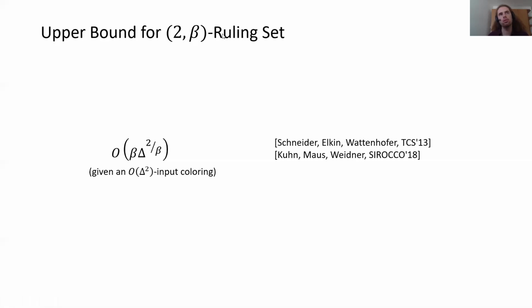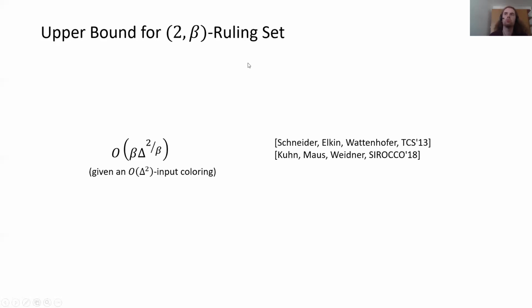And one main idea in our algorithm construction and in our construction of the upper bound sequence will be to inject some coloring component into this 2 beta ruling set problem. And with that, I mean that we want to find a class of problems such that each problem in this class has both ruling set constraints as well as coloring, vertex coloring constraints.